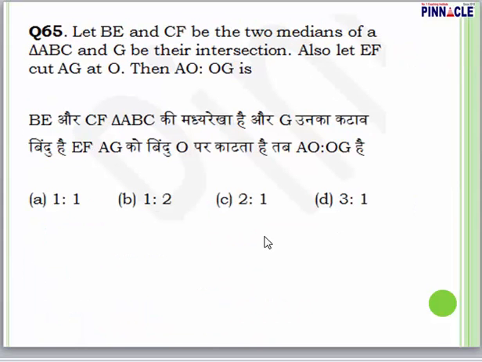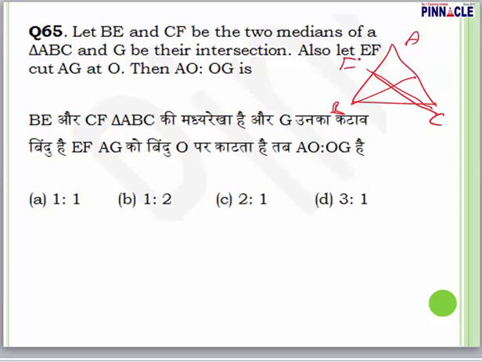Question number 65. Let BE and CF be the two medians of triangle ABC and G be their intersection. Also let EF cut AG at O, then AO ratio OG would be how much? This is triangle ABC, A, B and C. This is BE, and this is CF.